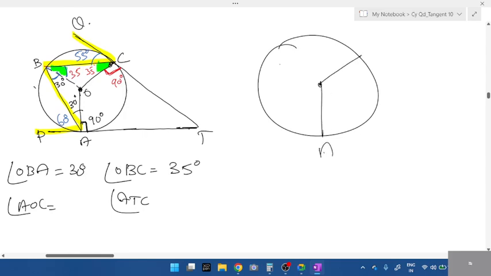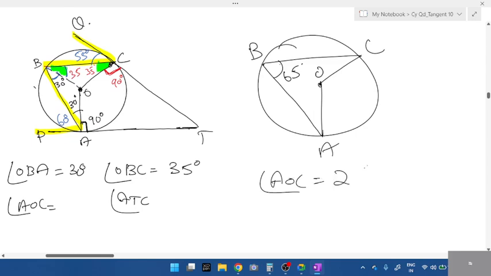An angle formed at the center will be equal to twice the angle formed on the circumference. B is made up of 30 plus 35, which is 65. Well, angle AOC is equal to 130 degrees.